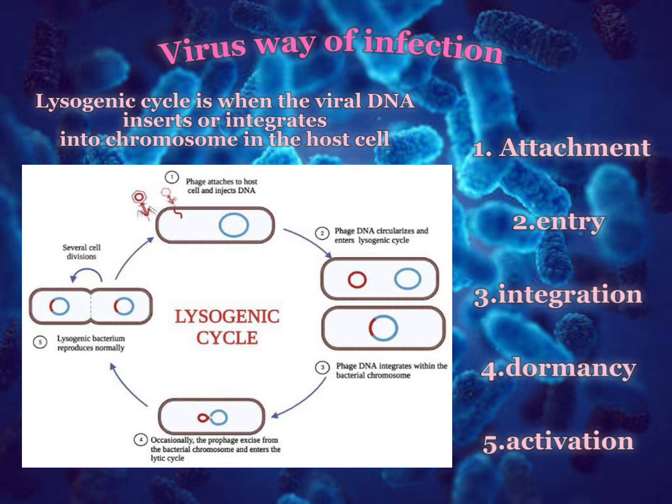Number 3 is the integration. Instead of immediately taking over the host, the viral DNA integrates into the host cell genome. Number 4 is the dormancy. It is when the viral DNA remains inactive and gets copied along with the host DNA when the cell divides.